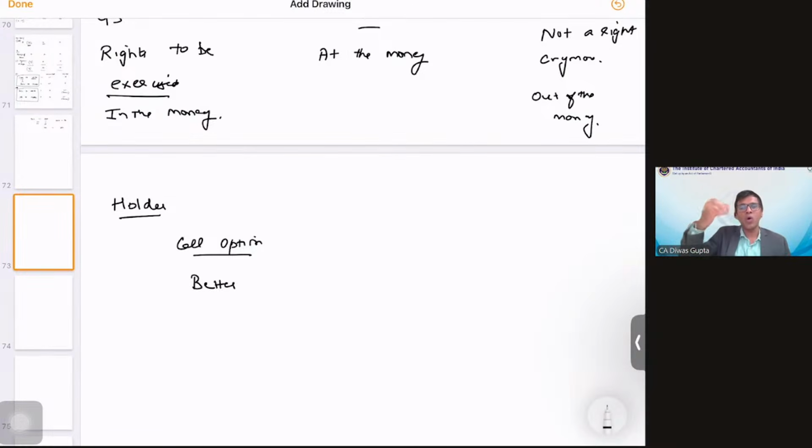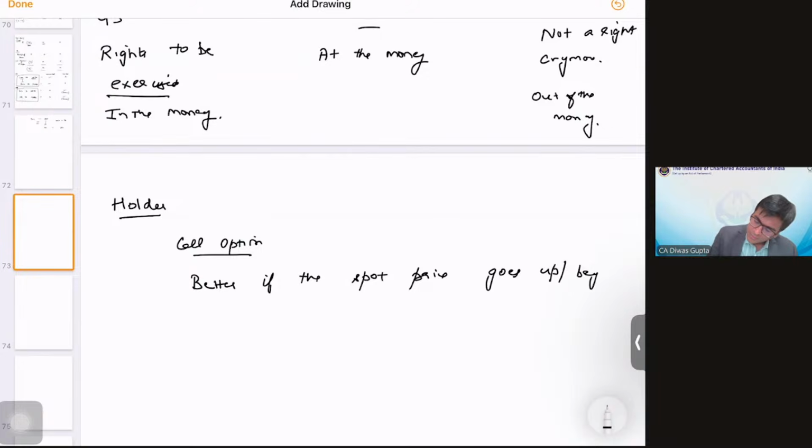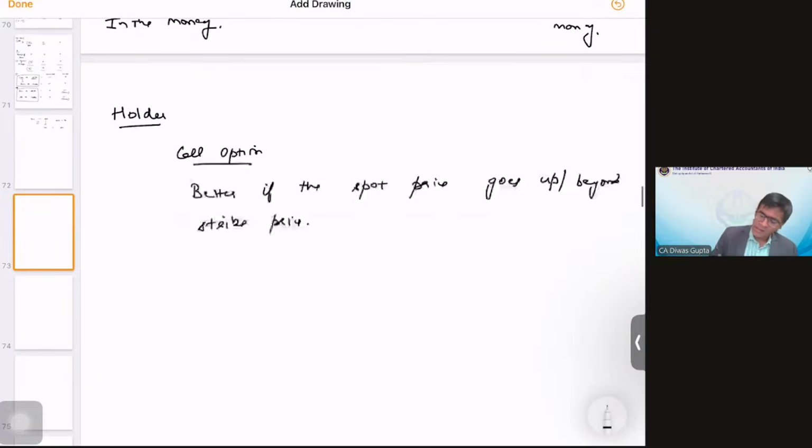This entire discussion on call and put options is just for the sake of understanding and getting it into our minds: for a call option holder, it is better if the spot price goes up beyond the strike price, correct?